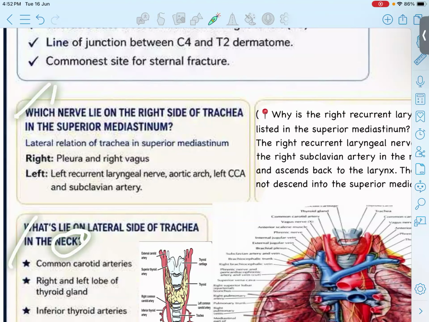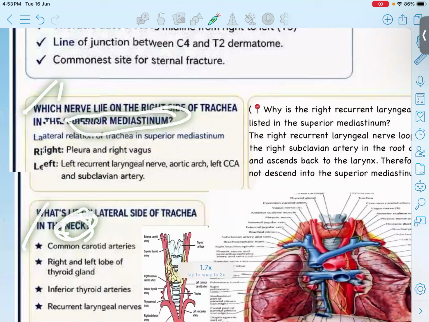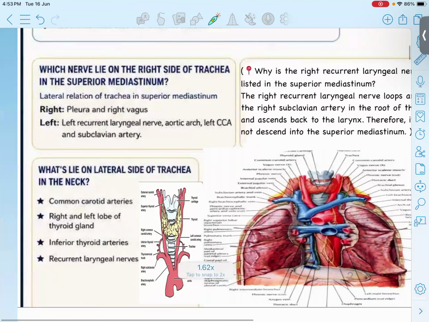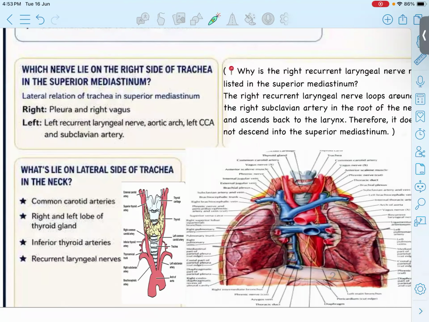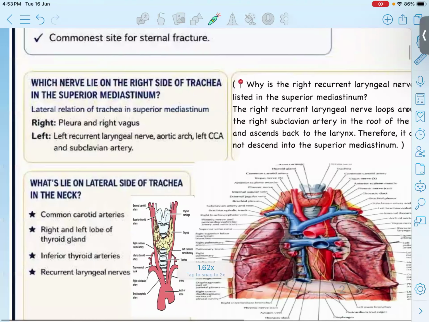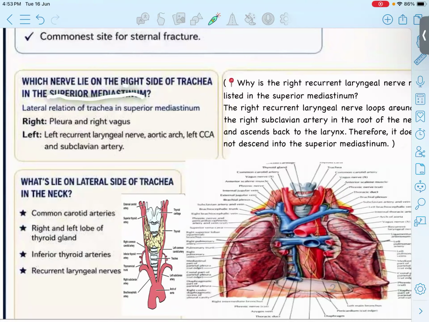They are similar, but when the examiner asks you, don't rush to answer. Think for 3 to 4 seconds, then give your answer. So here, superior mediastinum, the right side relation of trachea. I want to show you a picture first.